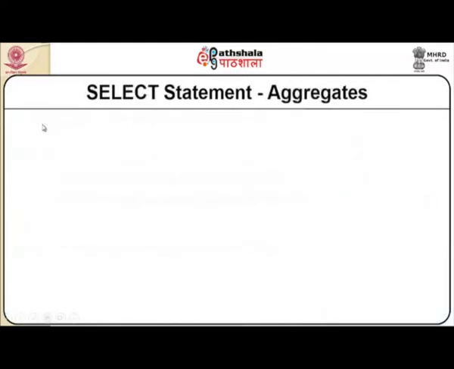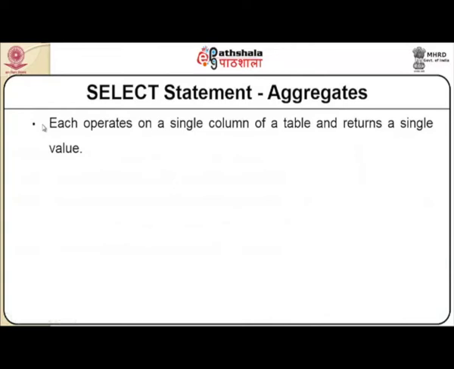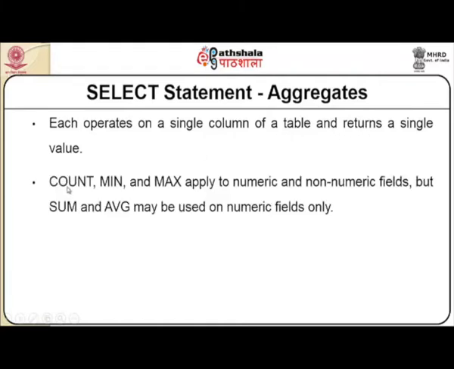Now, we will test each and every aggregate within the SQL syntax. Each operator works on a single column of a table and returns a single value. Count, minimum and maximum apply to numeric or non-numeric fields, but sum and average must be used on a numeric field only.